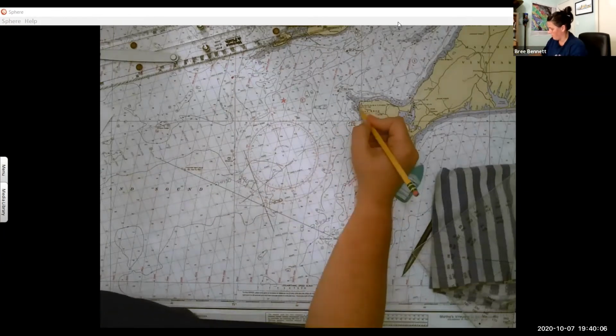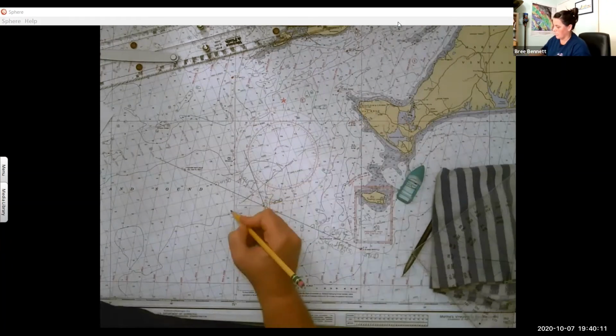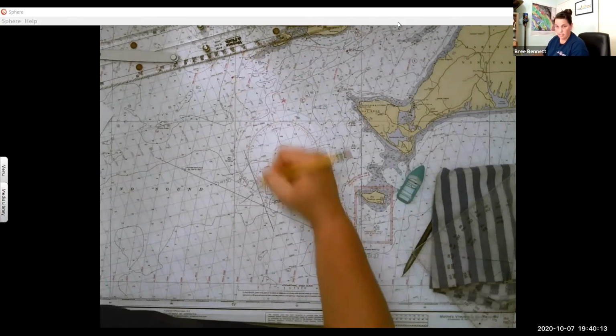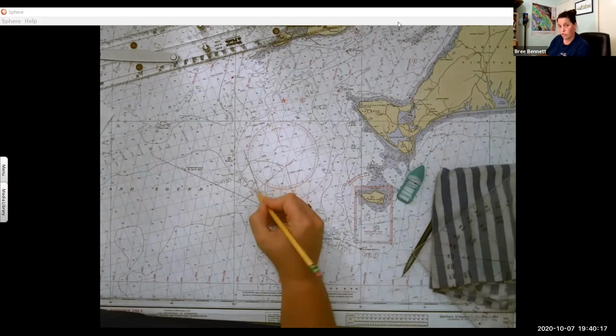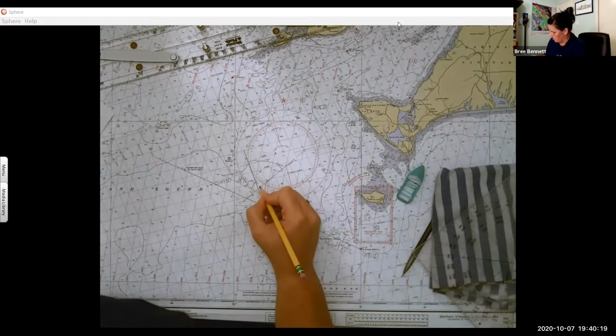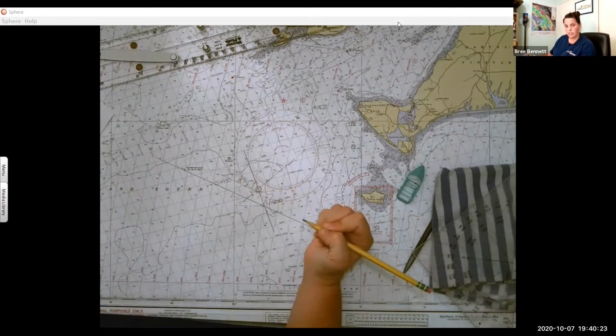We have infinite possibility along this line, infinite possibility along this line. So where those two lines cross is going to be our fix or our position.